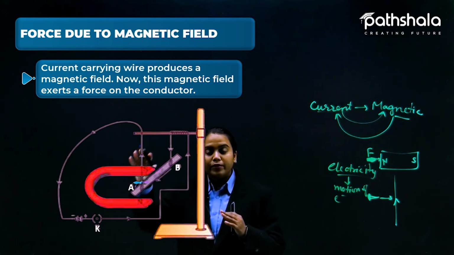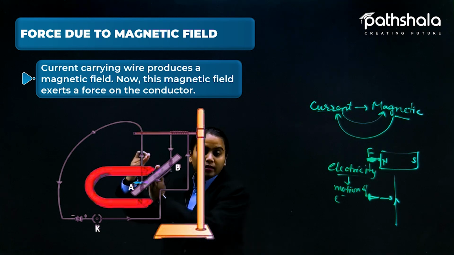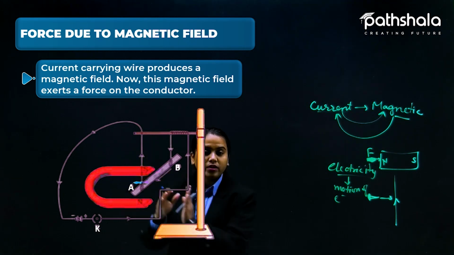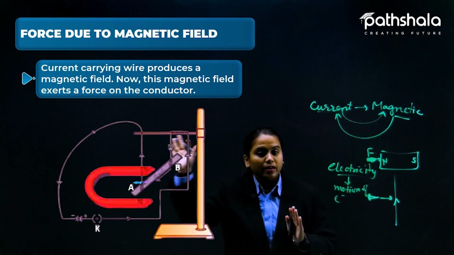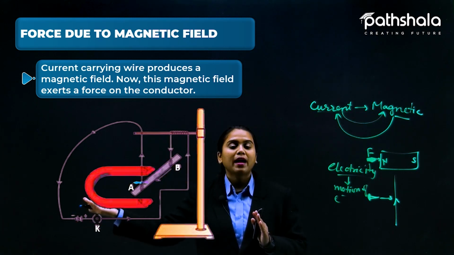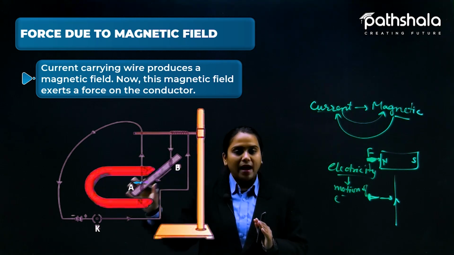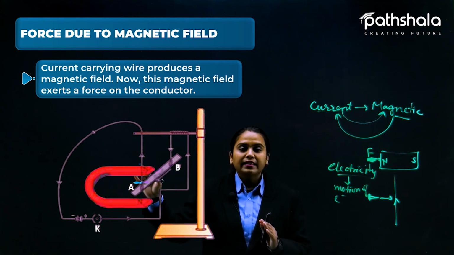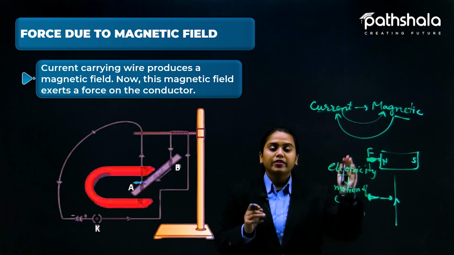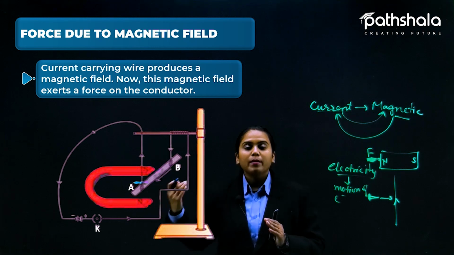Because this rod is kept in between a magnet, and this rod is generating a magnetic field itself, and that magnetic field gets affected by this original magnet. This magnet is also originating a magnetic field itself, and this rod, because of the electric current passing through it, is also generating its own magnetic field.